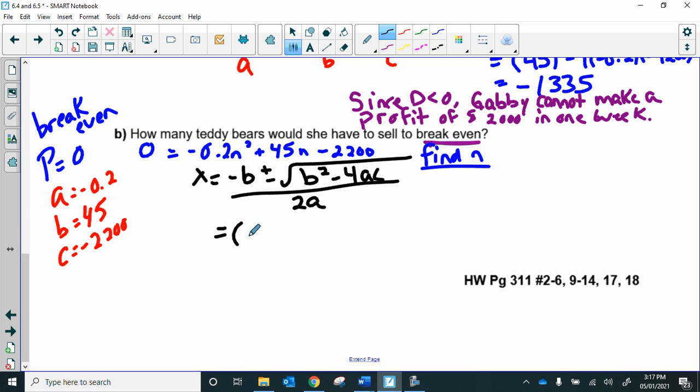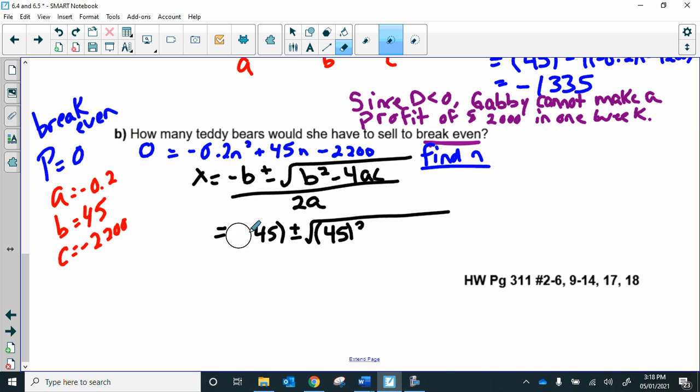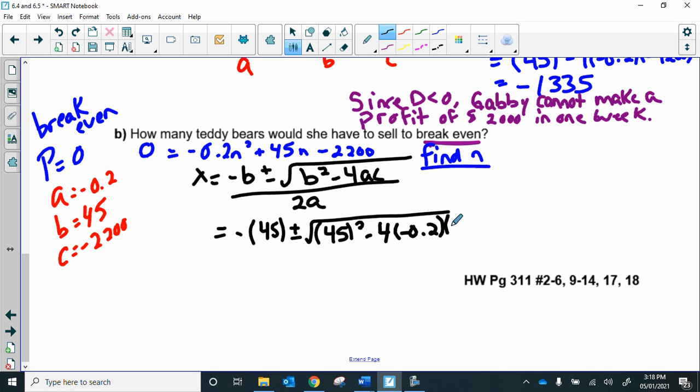Subbing in our values, we're going to have negative 45 plus or minus 45 squared minus 4ac all over 2a.